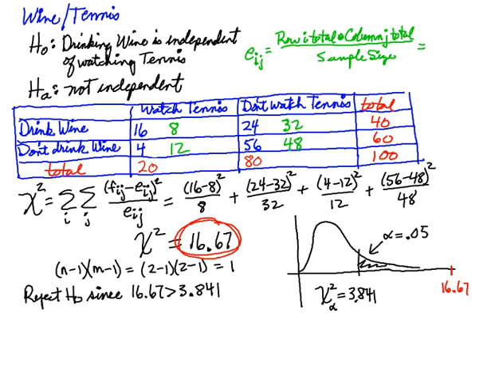And I can also see that if I try to run this with a p-value, 16.67, in the row 1 degrees of freedom, 16.67 is much larger than 7.879. So my p-value, according to the table, has got to be less than 0.005.